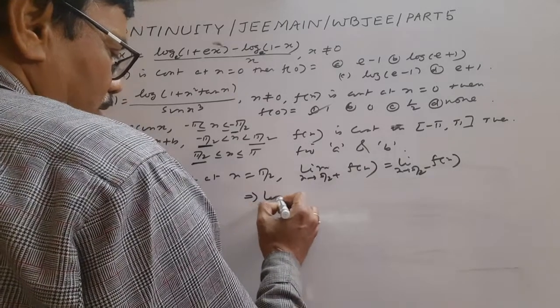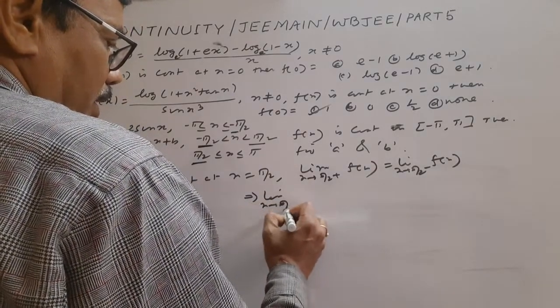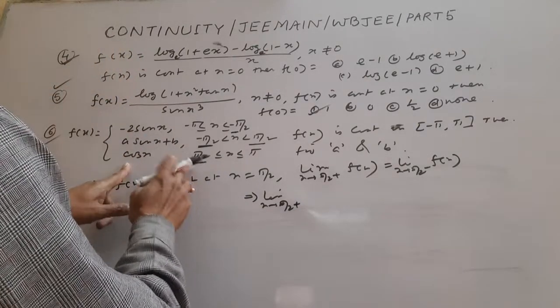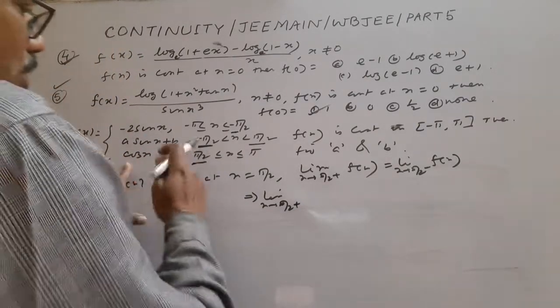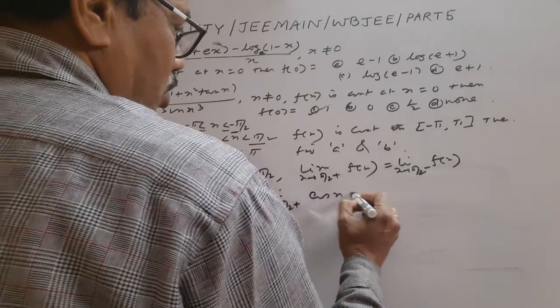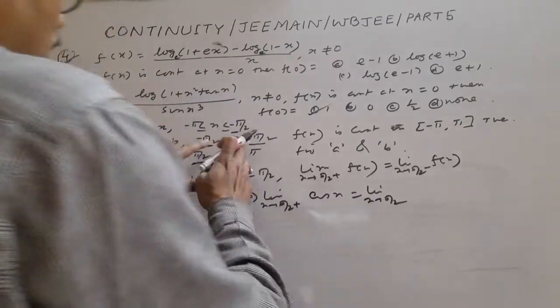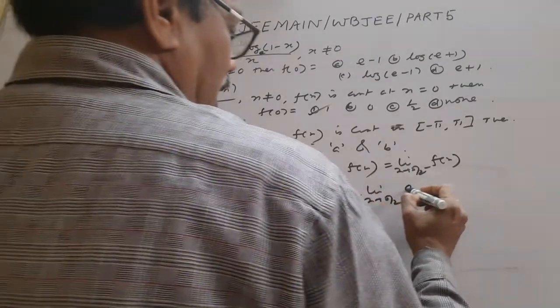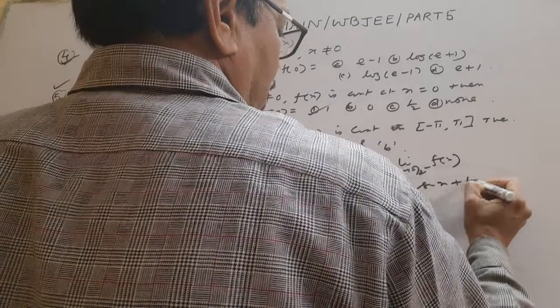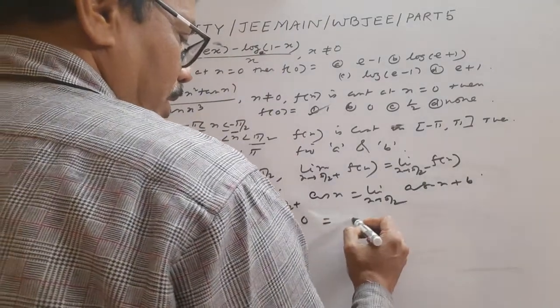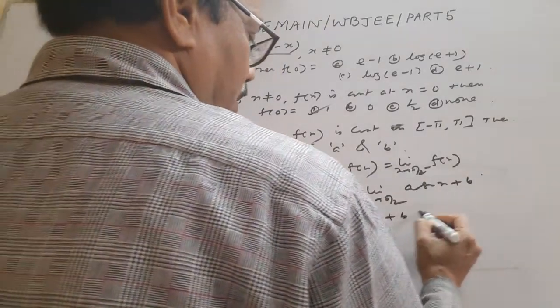Now it reduces to the problem of limit. x tends to pi by 2 plus, so this is greater than pi by 2, so f(x) is cos x. Limit x tends to pi by 2 minus, it is a sin x plus b. So cos pi by 2 is 0. This is a into 1 plus b, since sin pi by 2 is 1.